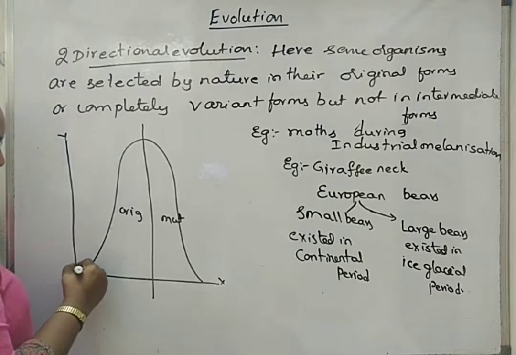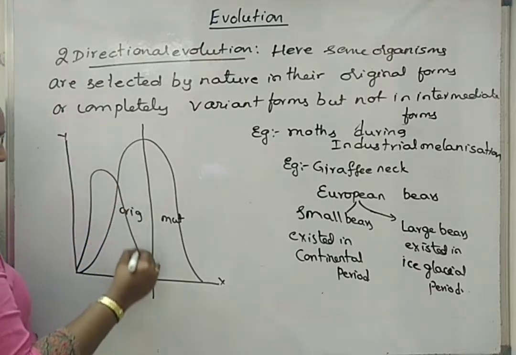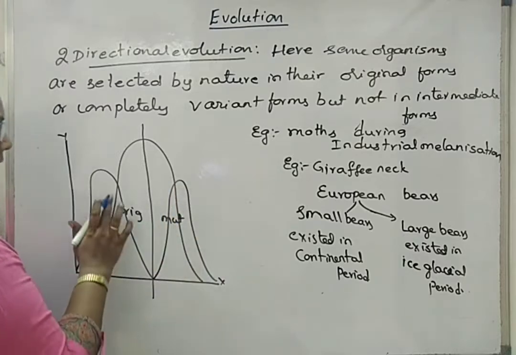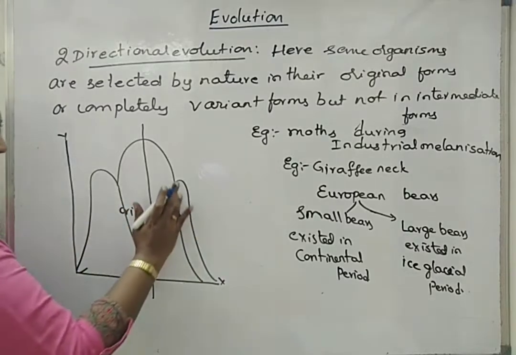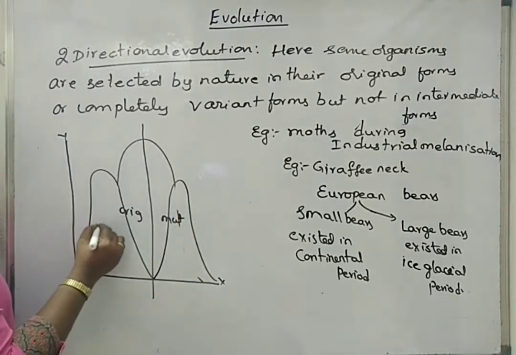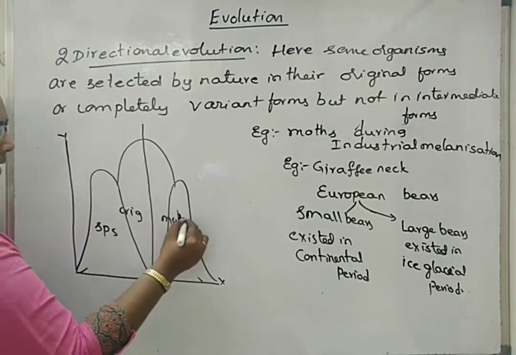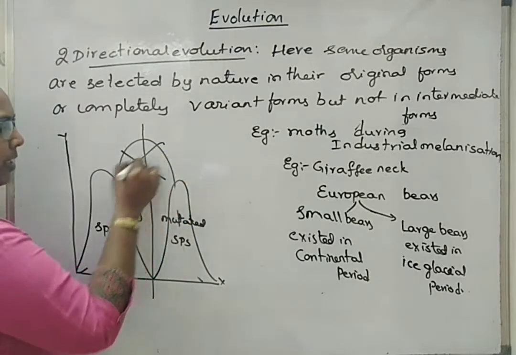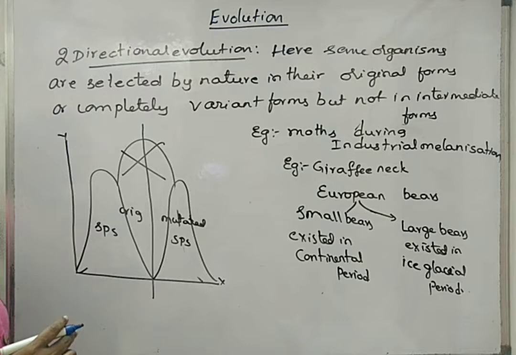Only either one, either the original species or the mutated species, will exist, but not the intermediate forms. Original species, mutated species. But this one does not exist. Intermediate forms are not selected by the organism.